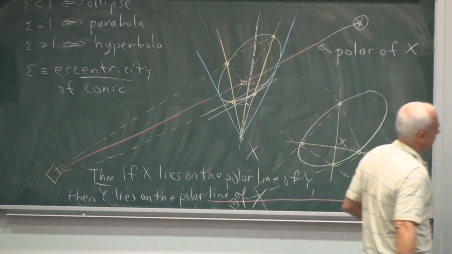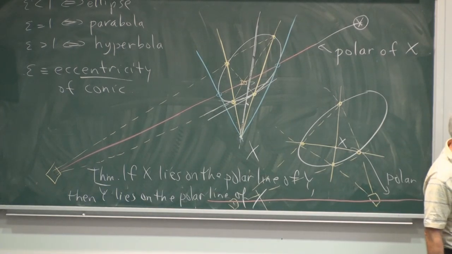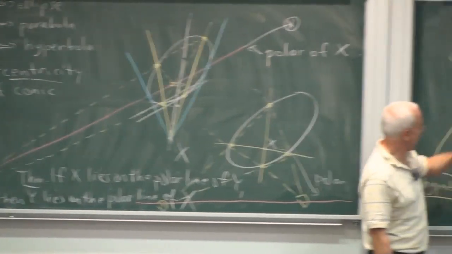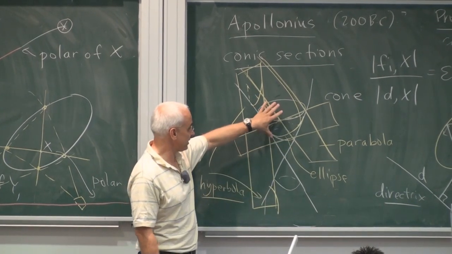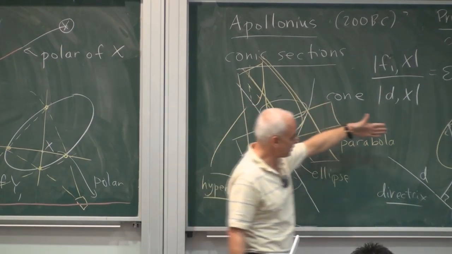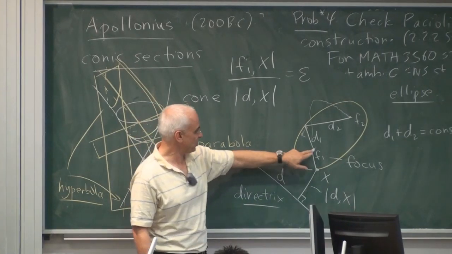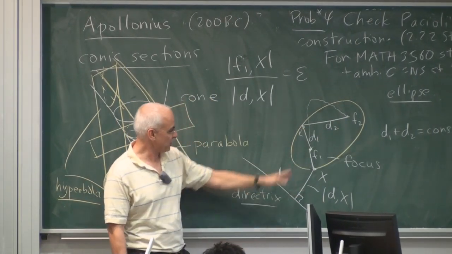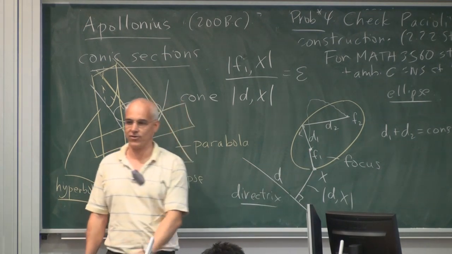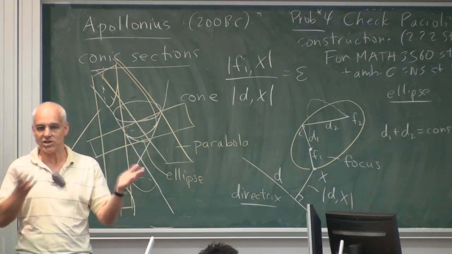If we go back to this original definition business, we started out with a cone. We sliced the cone via planes. We got conic sections. Over here, we had 2 other definitions. We had a definition in terms of 2 foci. And then we had a third definition in terms of a focus and a directrix. Which is the right definition?